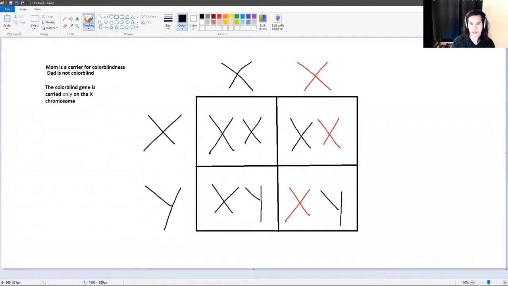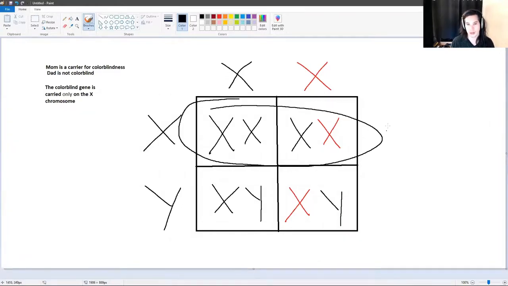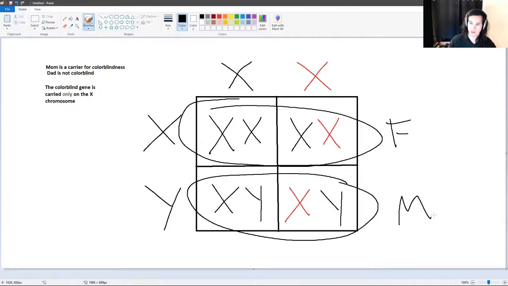So here's your females here, and then here's your males here. So 50-50 male or female, and then 50-50 depending on what you are. So if we're looking at it overall, you have a 25% chance of making an offspring that is colorblind, if you're looking at the bigger picture. All right.